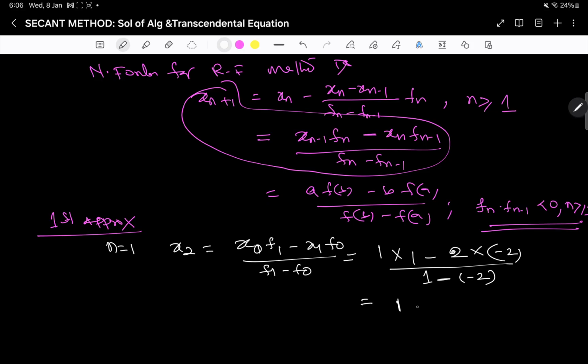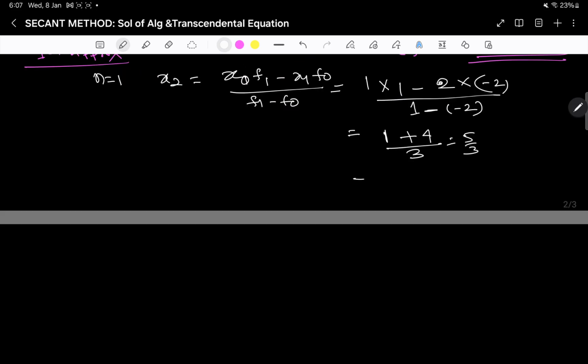So this is equal to (1 plus 4) by 3, which is 5 by 3. So this is equal to 1.666667.